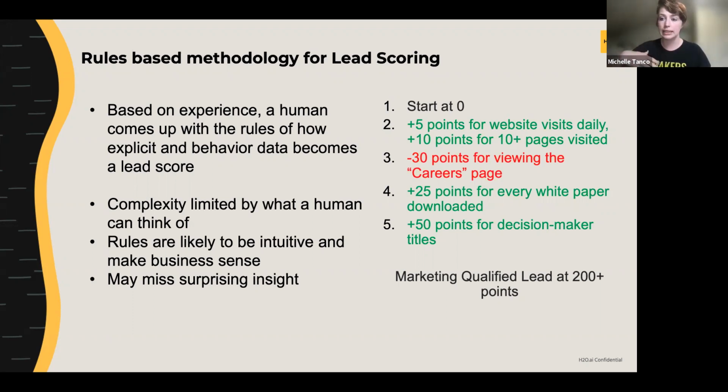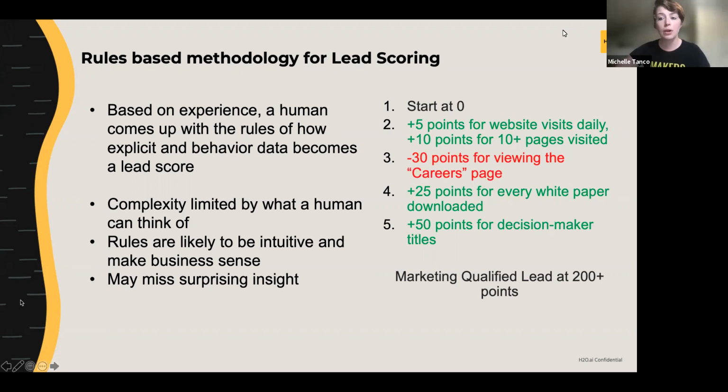So this is all done usually completely manually. The complexity is going to be limited by what a human can think of. We have the creativity as humans, but it's also going to be more simple rules, not very complicated. They are more likely to be intuitive and make sense to the business, but it's also a way to miss surprising insights or interactions in your data.